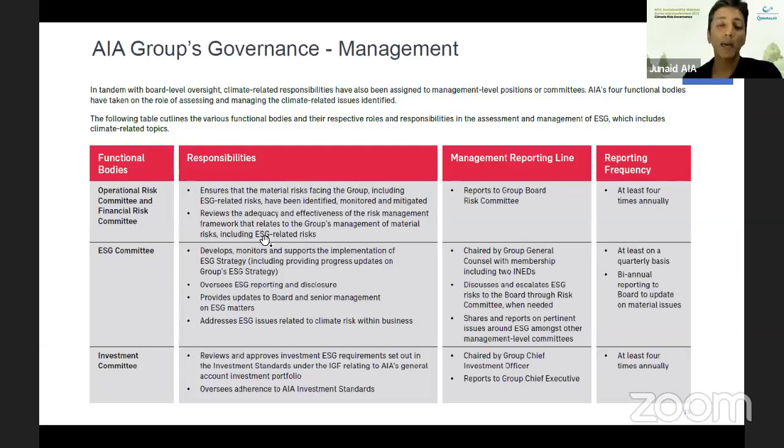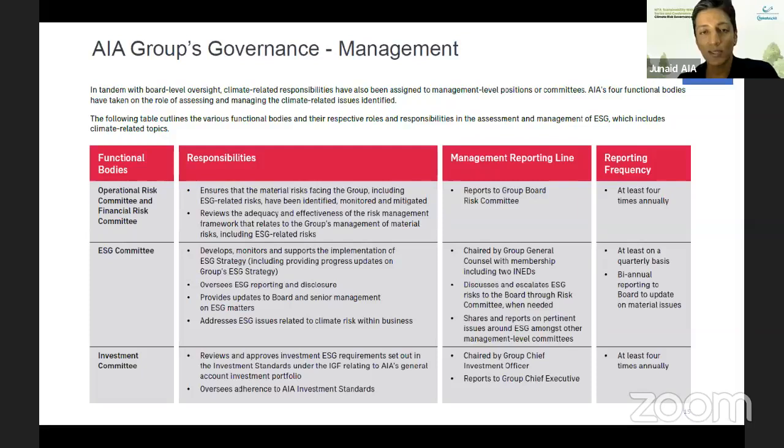Okay, so now at the management level, we have risk committees which are doing their work and identifying climate-related risks. And then the committees will monitor these and review the adequacy of our risk management framework on an ongoing basis. I'll also share how we look at climate risk just shortly.